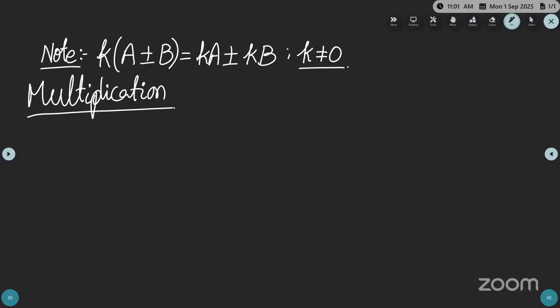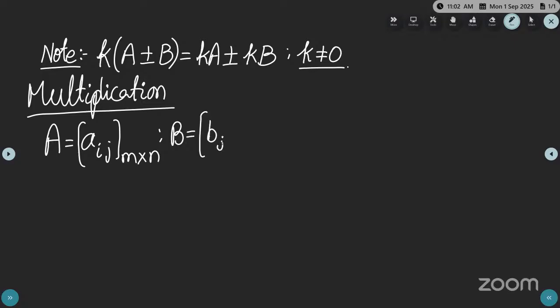Let capital A be of order m by n, and capital B be of order n by p.